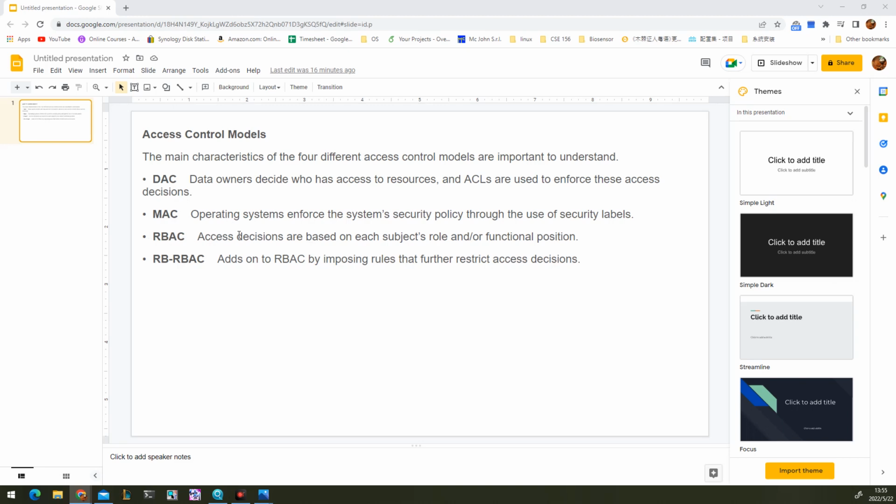RBAC is role-based asset control, which means the role-based asset control model uses a centrally administrated set of controls to determine how subjects and objects interact.